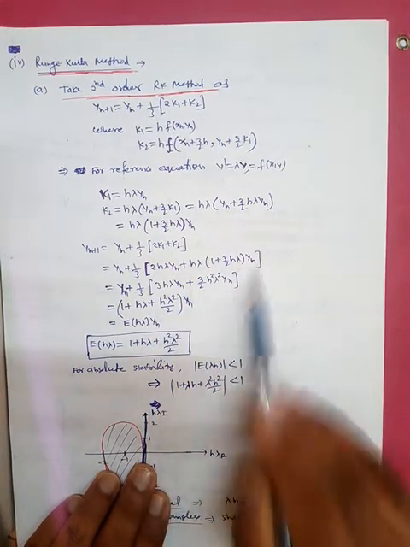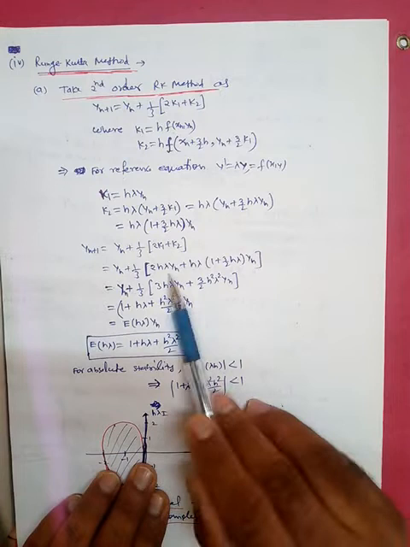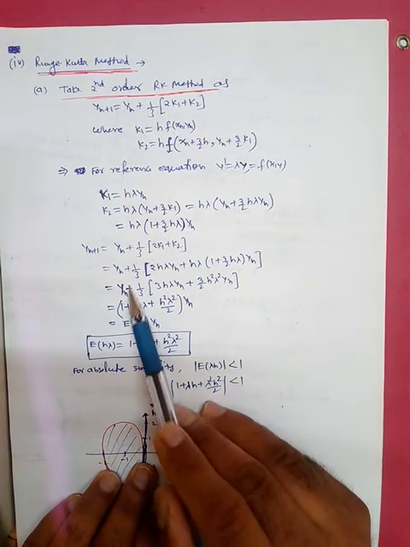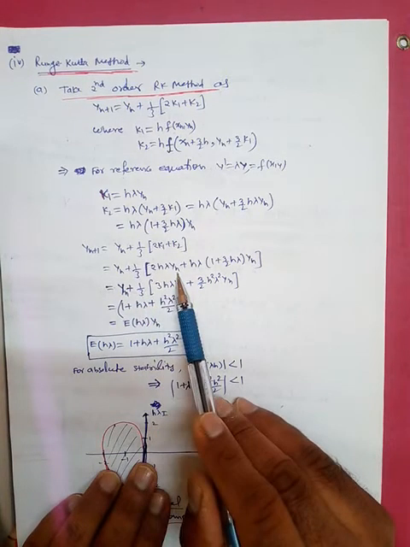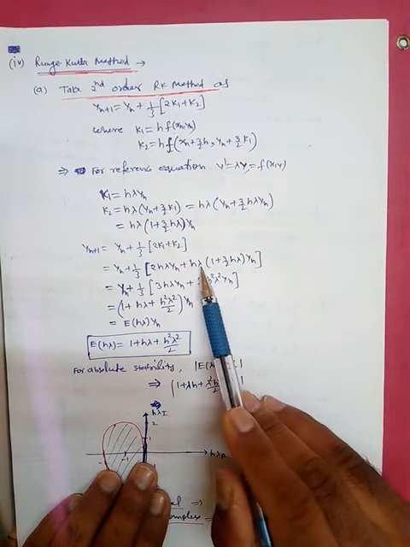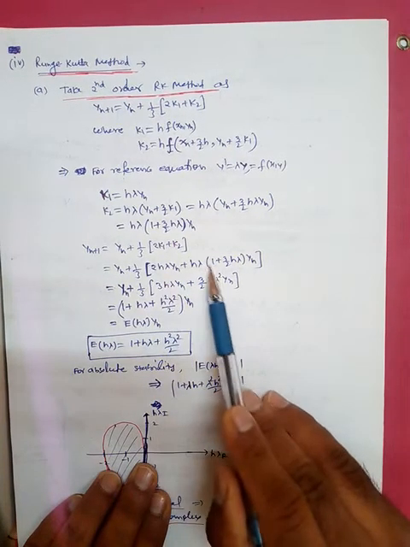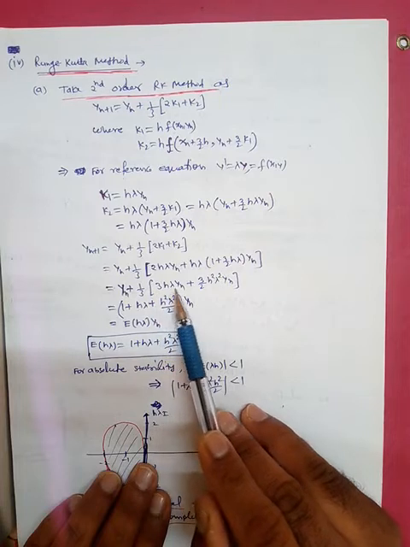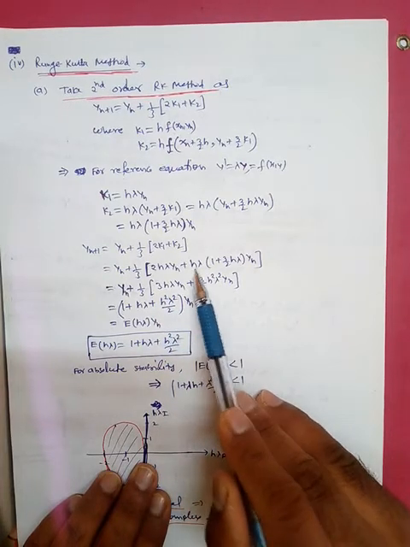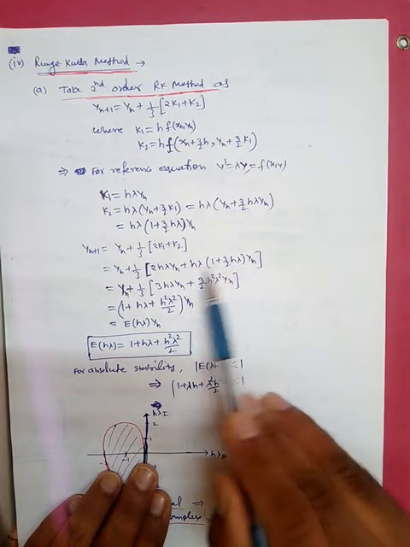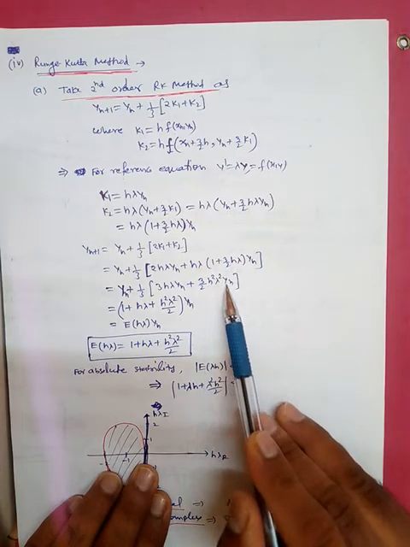Now you can simplify this. So what we will get is y_n plus 1 by 3 (2h lambda y_n and h lambda y_n), so when we add this term and this one, we will get 3h lambda y_n, plus multiplying these two terms, we will get 3 by 2 h square lambda square y_n.